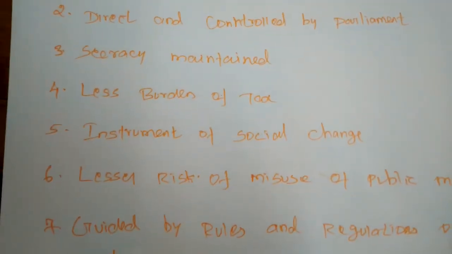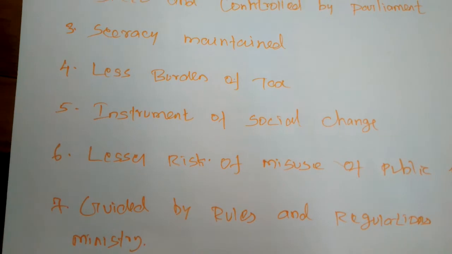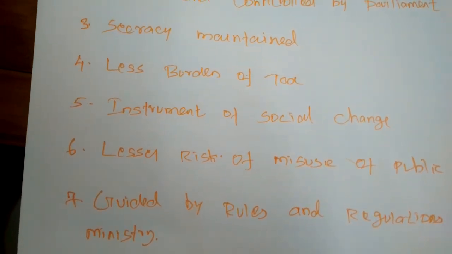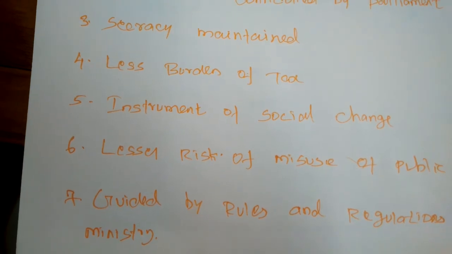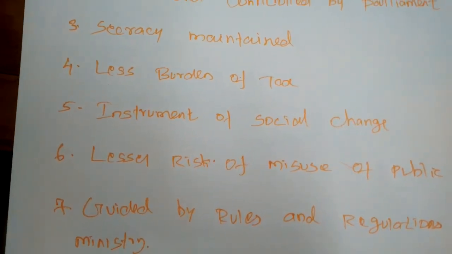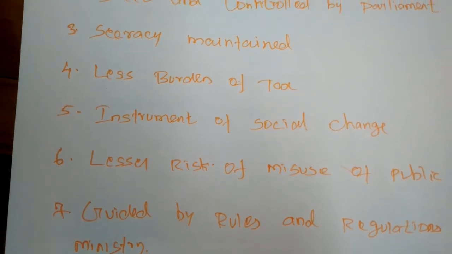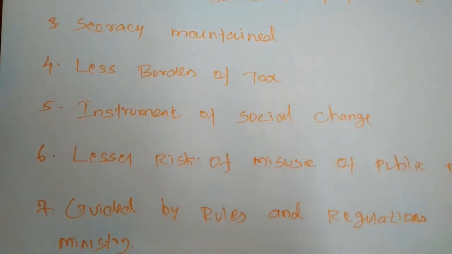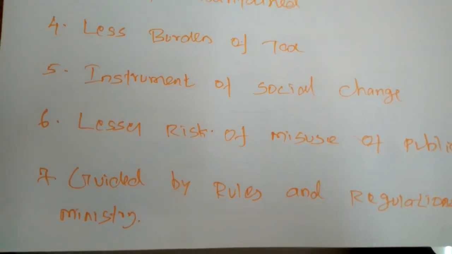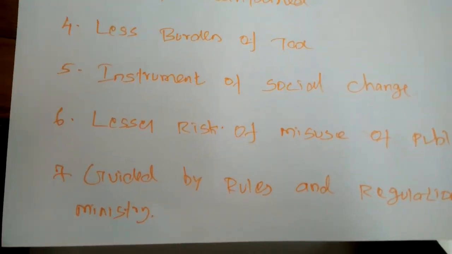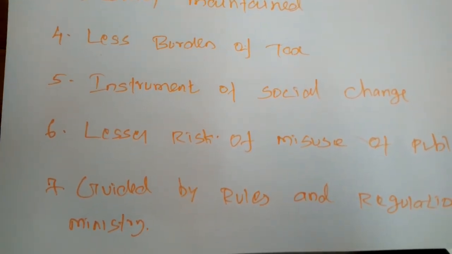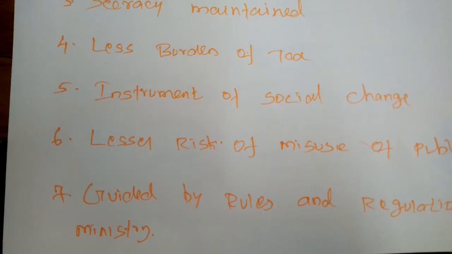Next, instrument of social change. The government can promote economic and social justice through departmental undertakings. Hence, a departmental undertaking can be used by the government as an instrument of social change. Some problems that arise among the people or the societies will be eliminated by the government through some departmental undertakings.